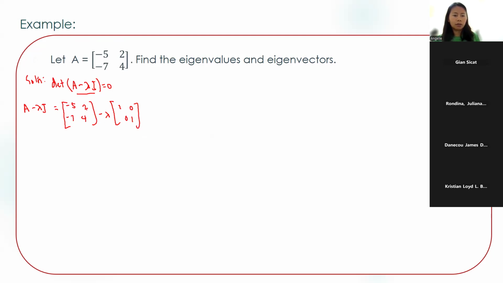Now, let's compute for this. This is equal to negative 5, 2, negative 7, 4, minus, of course, since this is a scalar, we can distribute it to our identity matrix. So we have lambda, 0, 0, lambda.